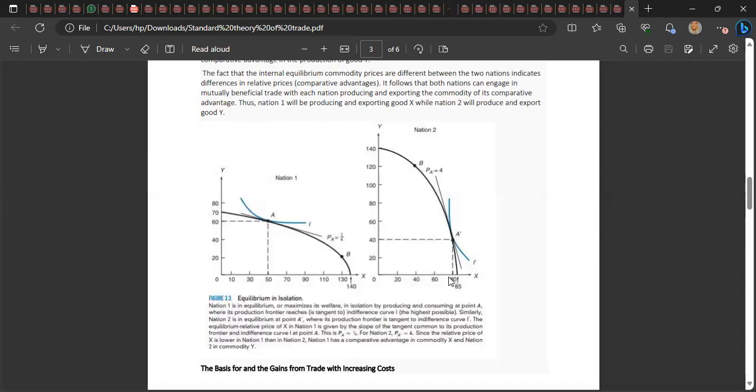So to get an extra unit of X here, you basically need to lose 4 units of Y, or sacrifice 4 units of Y. So which means here it's a lot cheaper to produce Y than X. So this is basically what we were doing earlier.